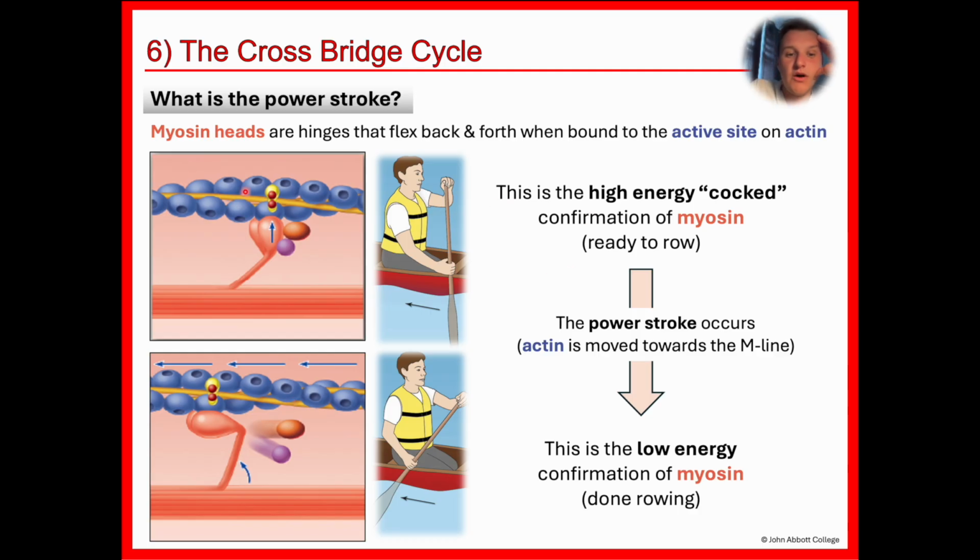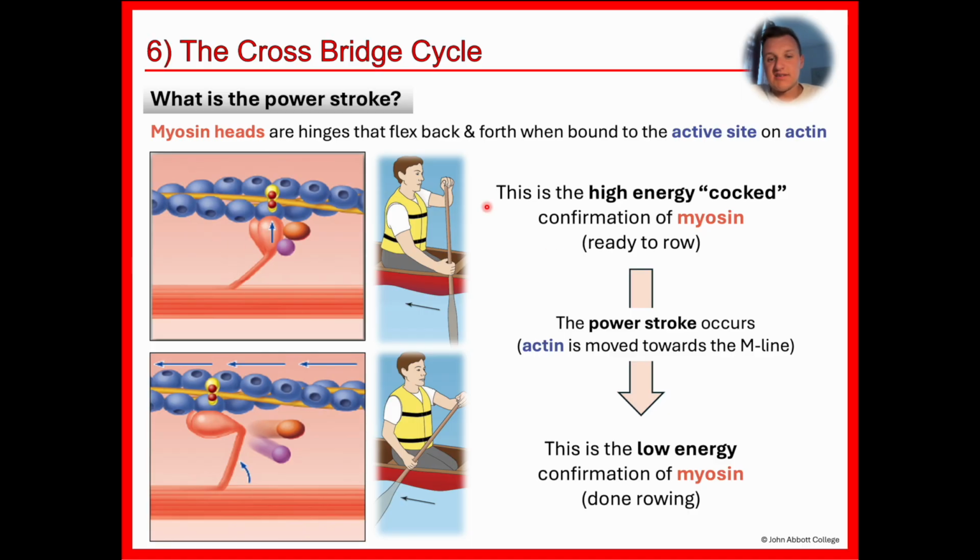So over here in this position, we say that the myosin head is in its high energy conformation. In your textbook, they call this the cocked conformation because it is in this high energy position, ready to paddle.